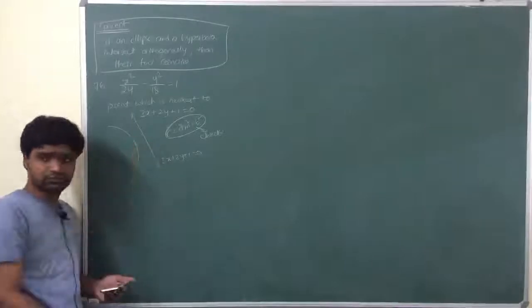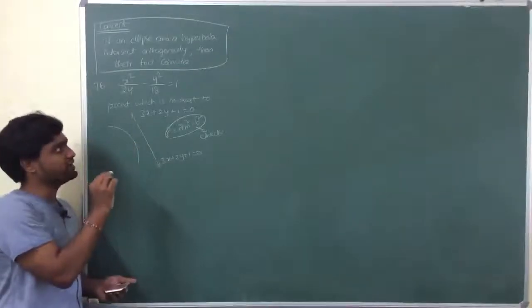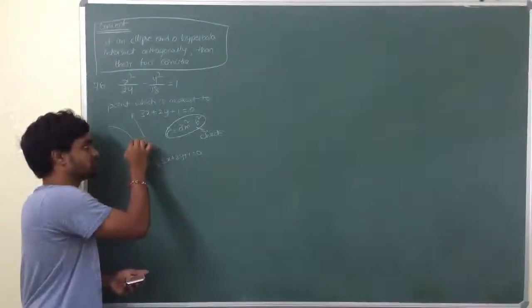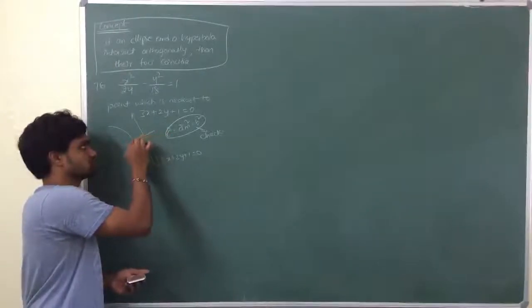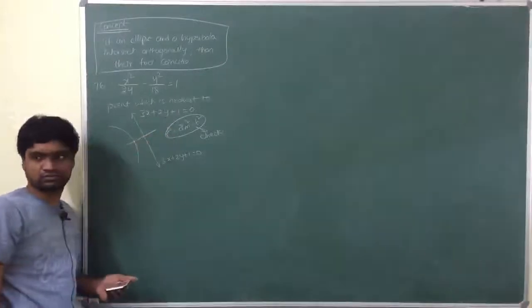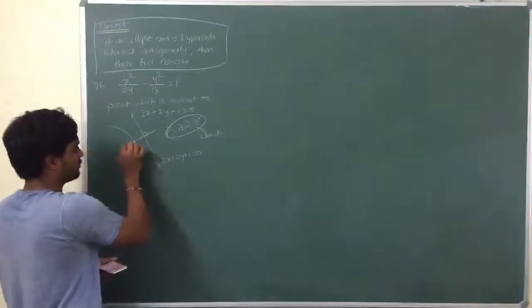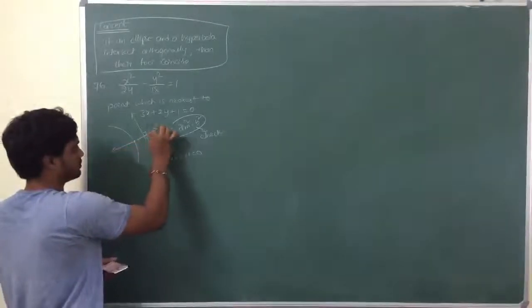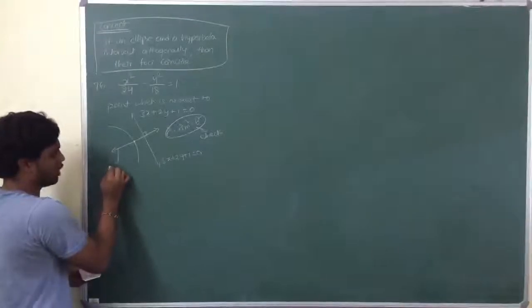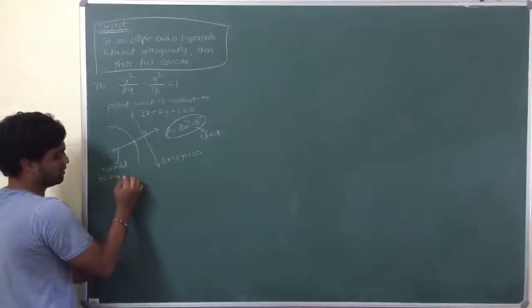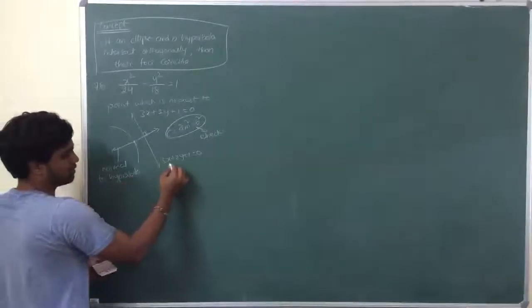3x plus 2y plus 1 is equal to 0, that is the equation of line. This is the curve. The nearest point on the curve to this line will be along the normal. So this will be normal to hyperbola.